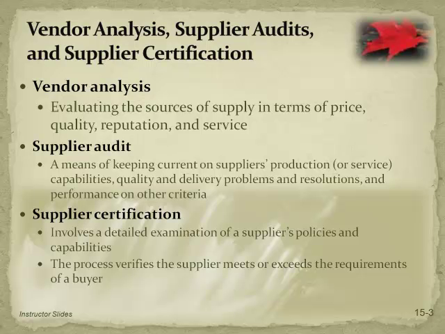As I said earlier, the identification of good suppliers is a strategic function. If we do a good job here, then a lot of good things are going to happen. And conversely, if we don't do a good job here, then a lot of bad things are going to happen, and we're going to have to do this over again until we finally get good suppliers.